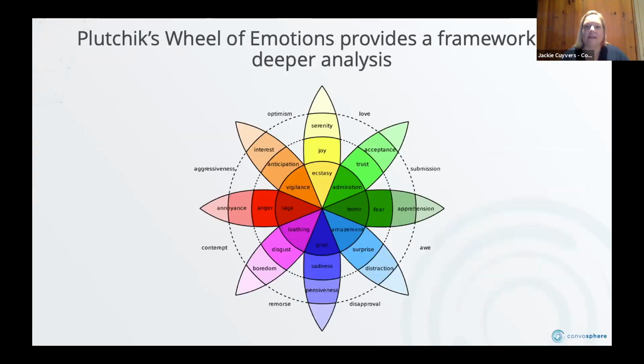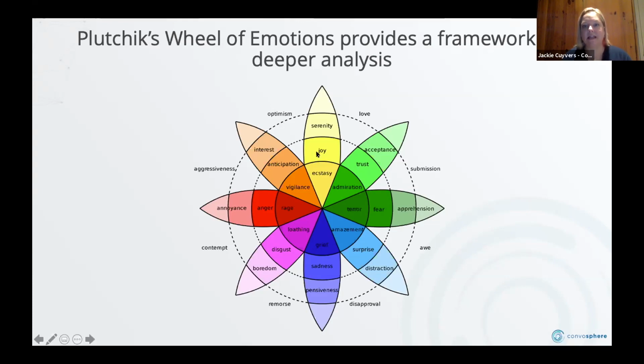So to do this, to not use an automated sentiment and to have a language that you can use to categorize the emotions, we actually use Plutchik's wheel of emotions. Plutchik was a psychologist, and he said there are basic emotions.